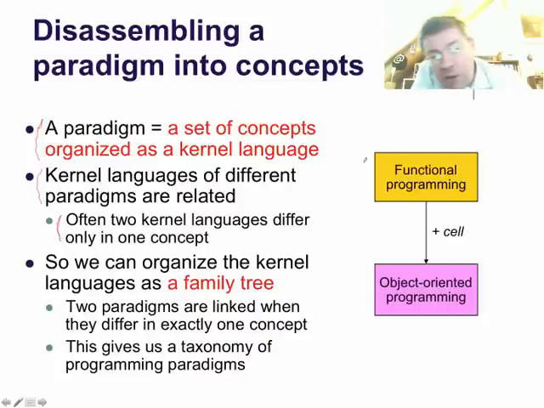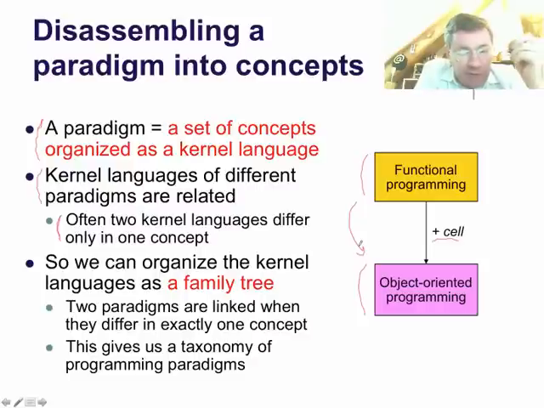So, for example, to functional programming we add cells, explicit state, and this allows us to define all the techniques of object-oriented programming. So these two paradigms, the kernel languages, have only one concept difference.